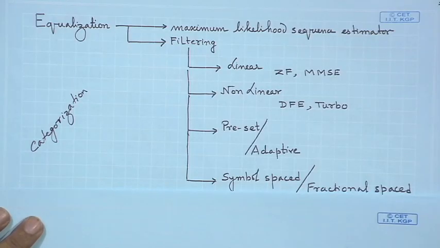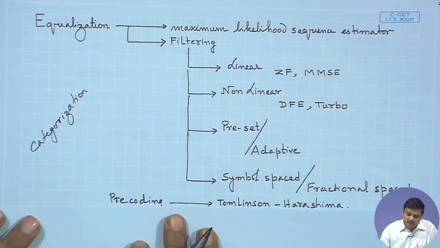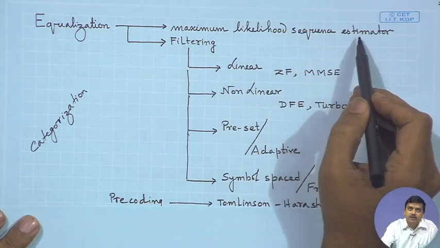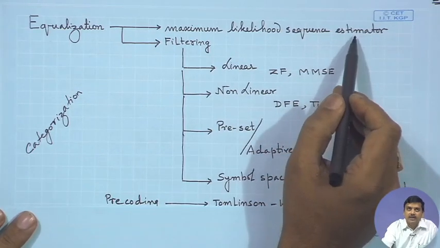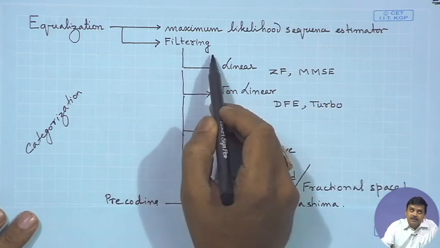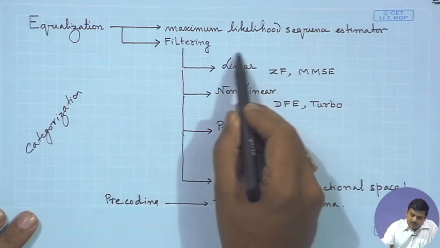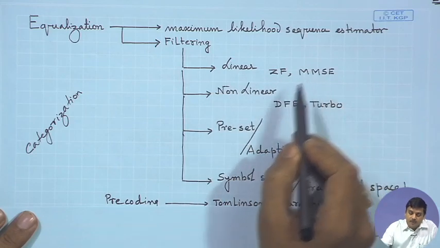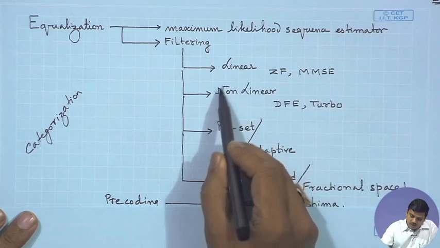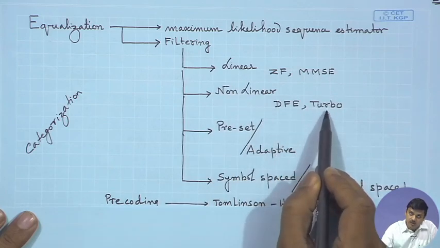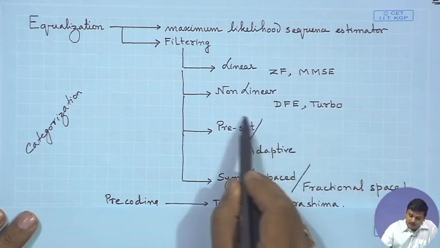So, if we look into the study of equalization techniques, there are several which are known. One is the maximum likelihood sequence estimator. We have seen the general structure of it, that is extended to apply in equalization. In the filtering techniques, we can classify it as linear, which could be zero forcing or MMSE. We will see them. It could be non-linear, that means decision feedback equalizer or turbo equalizers, which we will not see.